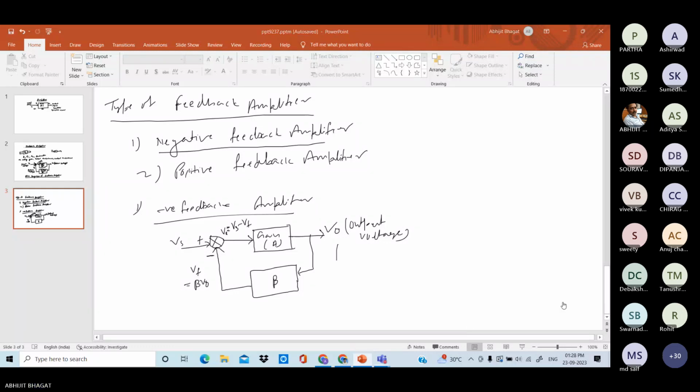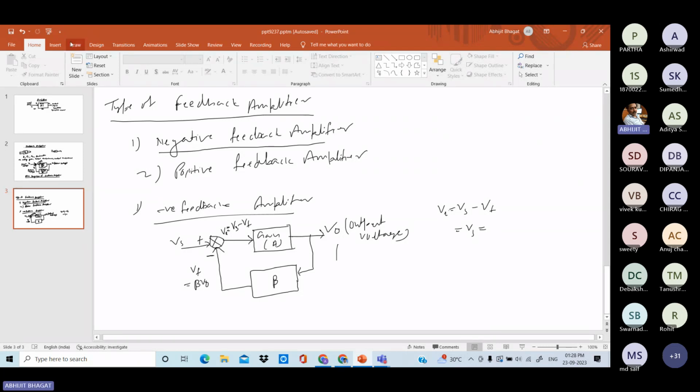Okay. Now next, here in this case, you can see your Vi equals Vs minus Vf, or Vi equals Vs minus beta V0.